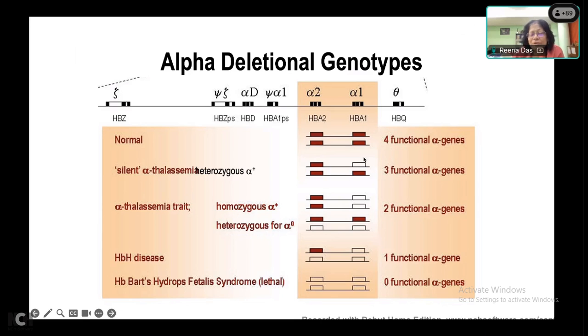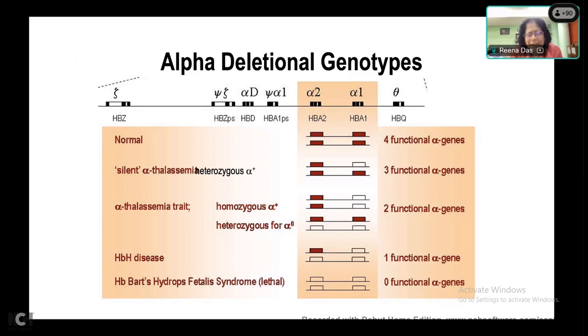So this is an alpha plus heterozygous, this is an alpha plus homozygous, and this is an alpha 0 heterozygous. This really needs going through the slide or the text over and over again to understand, because it is an important concept.